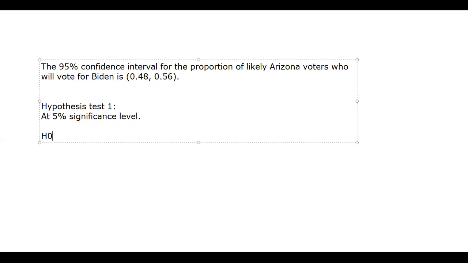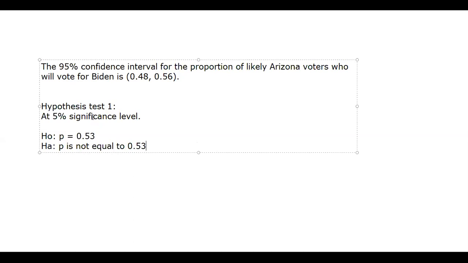We'll say that our H naught is that P is equal to 0.53, and that our alternative here is that P is not equal to 0.53, because it has to be two-sided.